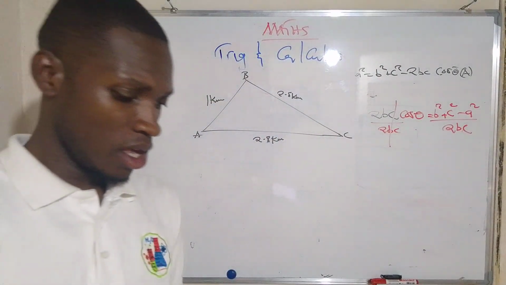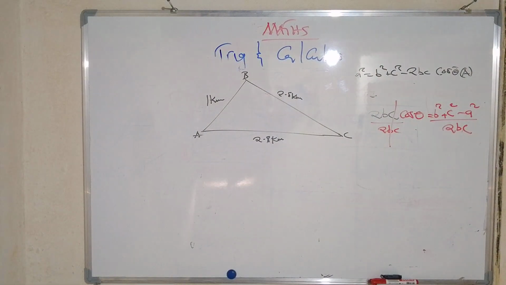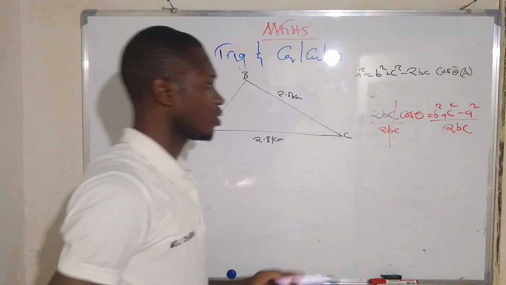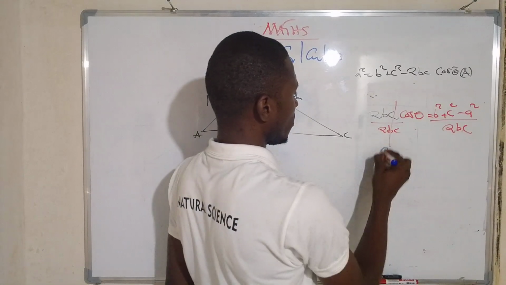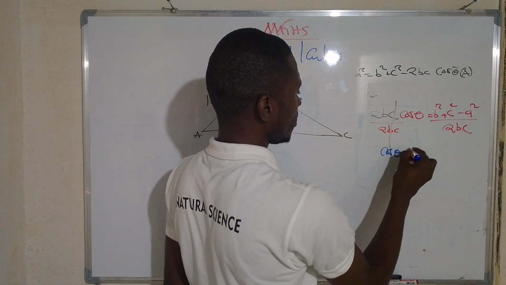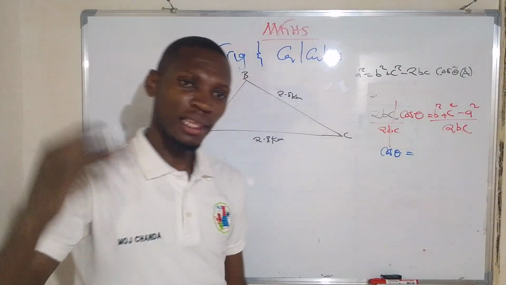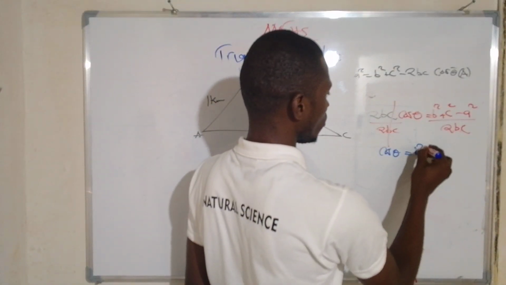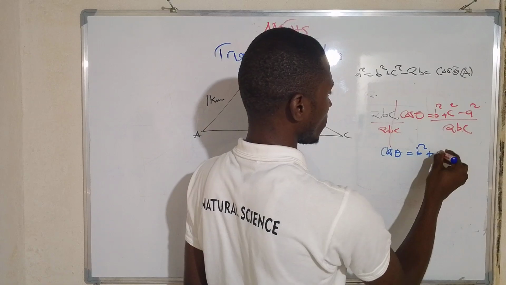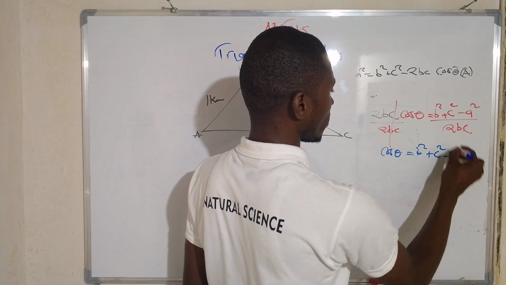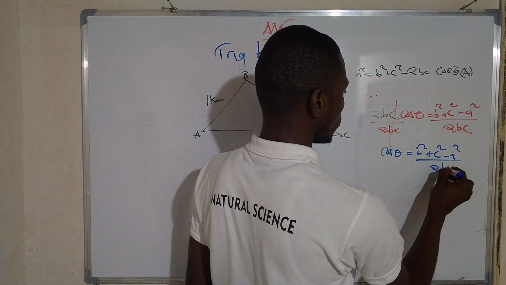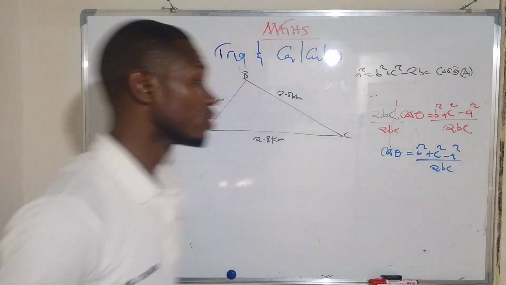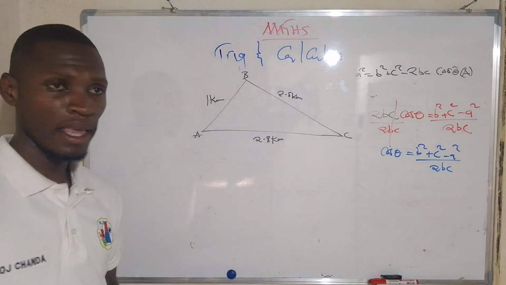You see how simple it is going? So don't worry. We remain with cos theta equals b squared plus c squared minus a squared over 2bc. So that's the formula I'm going to use to solve this one.